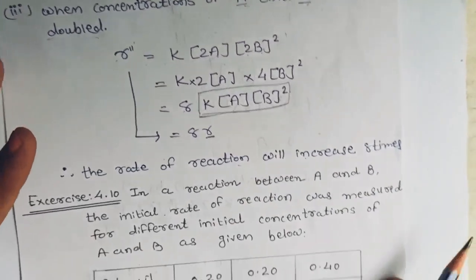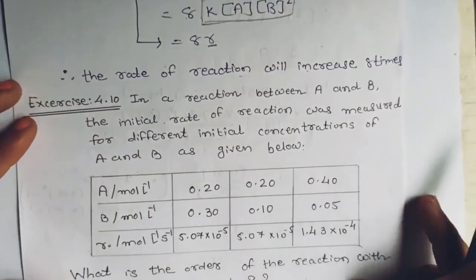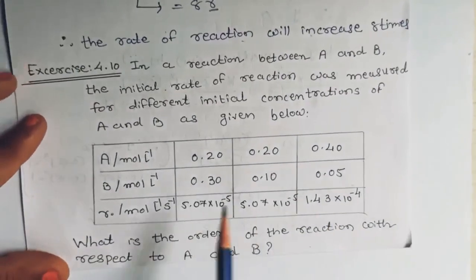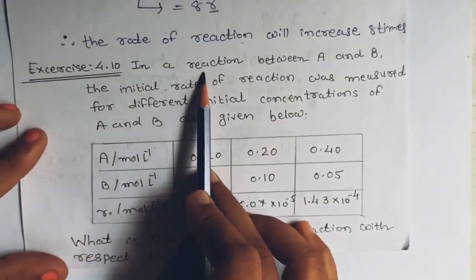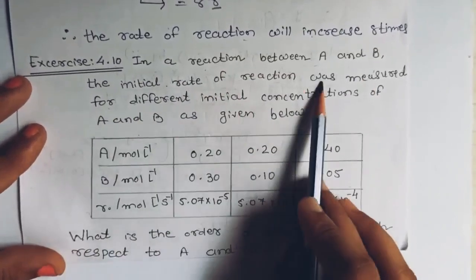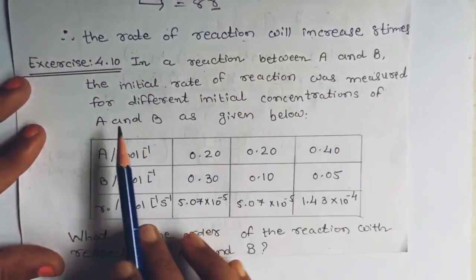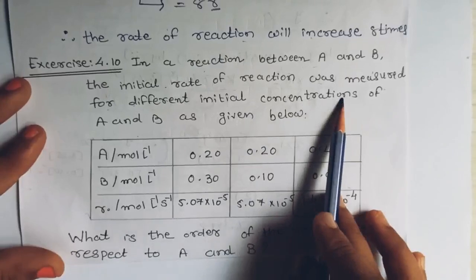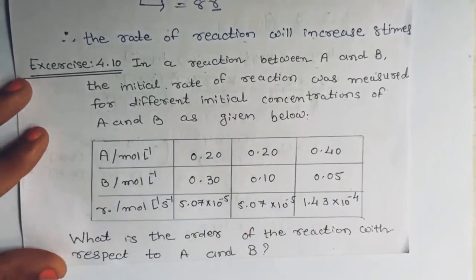Now our next question, question number 4.10. In a reaction between A and B, the initial rate of reaction was measured for different concentrations of A and B as given below.